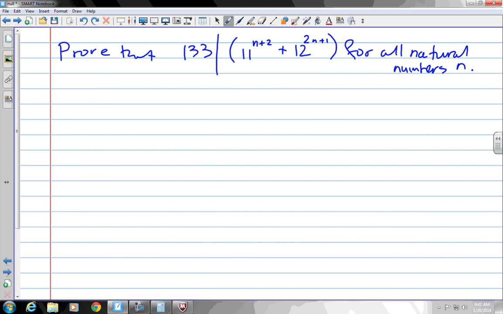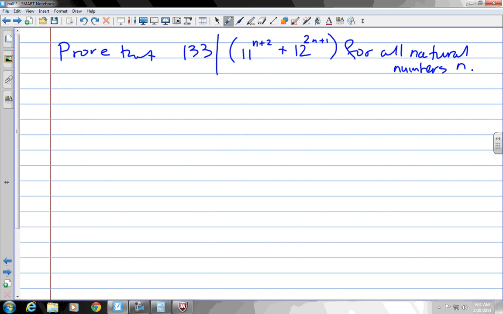Okay? So this is a case where we can try the induction. I'm not saying there couldn't be many ways of proving that. Sometimes induction works better than other ways. Because again, the all natural numbers, that's the key, because it allows us to establish the base case. Because what is the smallest value n can be? 1, right?